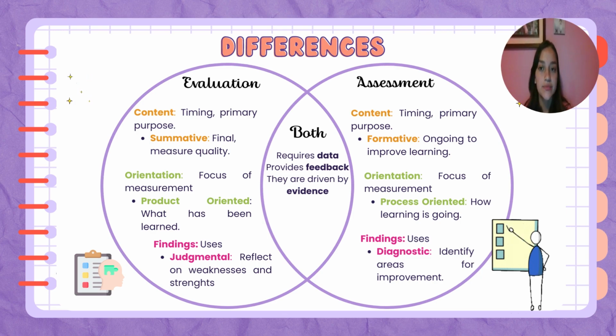So it's ongoing observation to improve the learning. Also, evaluation is product oriented. What does it mean? It means that our focus is only at the end of the process, and with it we can make the necessary judgments about whether the course or program worked or not, and also about what students have learned by the end of a unit.